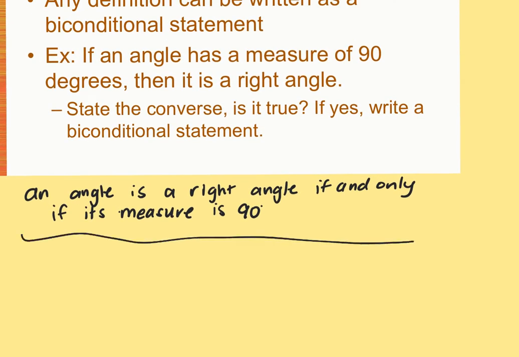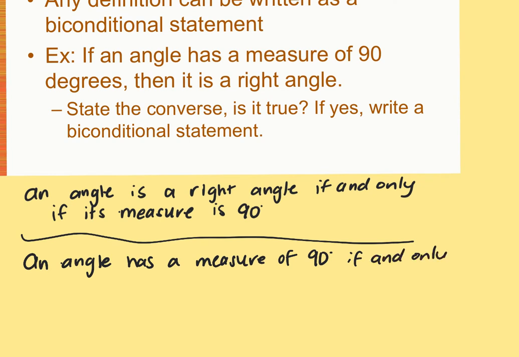Or, an angle has a measure of 90 degrees if and only if it is a right angle.